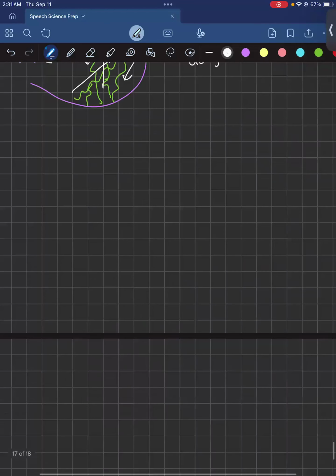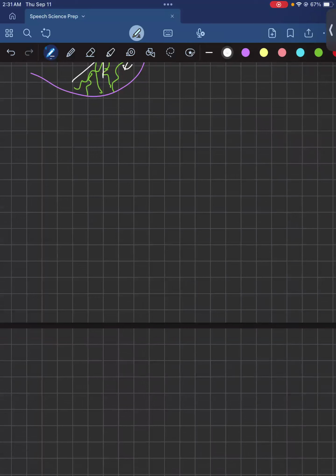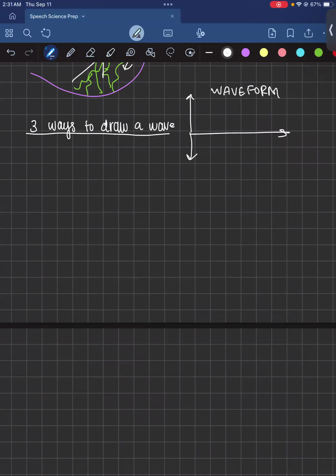And then we'll talk about 3 ways to draw a wave. So this is kind of shifting gears a little bit. So we talked about the waveform first. And basically, the waveform looks kind of like this.